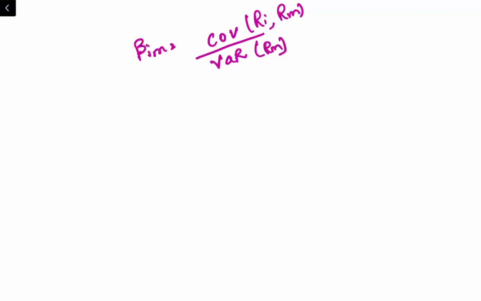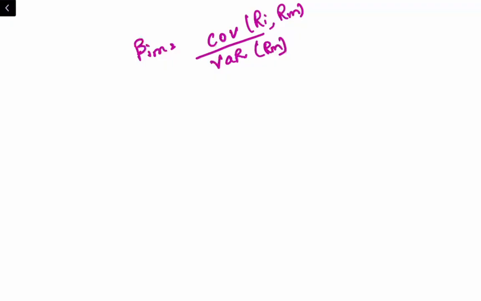Now, this beta of the market, we have studied this before, okay? But still I am repeating this portion: it is covariance divided by variance. Covariance between the return of the market and the return of the asset, and the variance of the market. Hence you are going to get the beta.